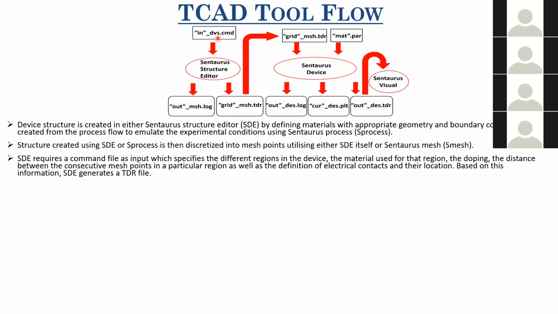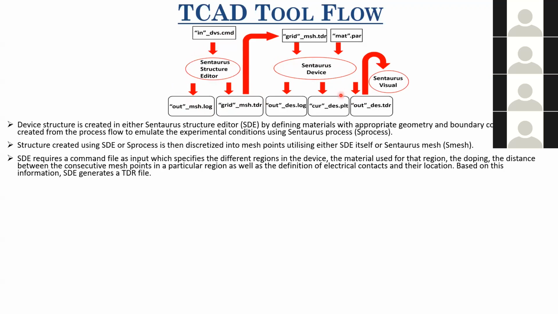Then we give this structure to a device simulator. Here it's the Centaurus device simulator. First we make the structure using S process or the Centaurus structure editor. Then we give it to the Centaurus device simulator, or SDE. It takes as input the device which we have made using this structure editor.